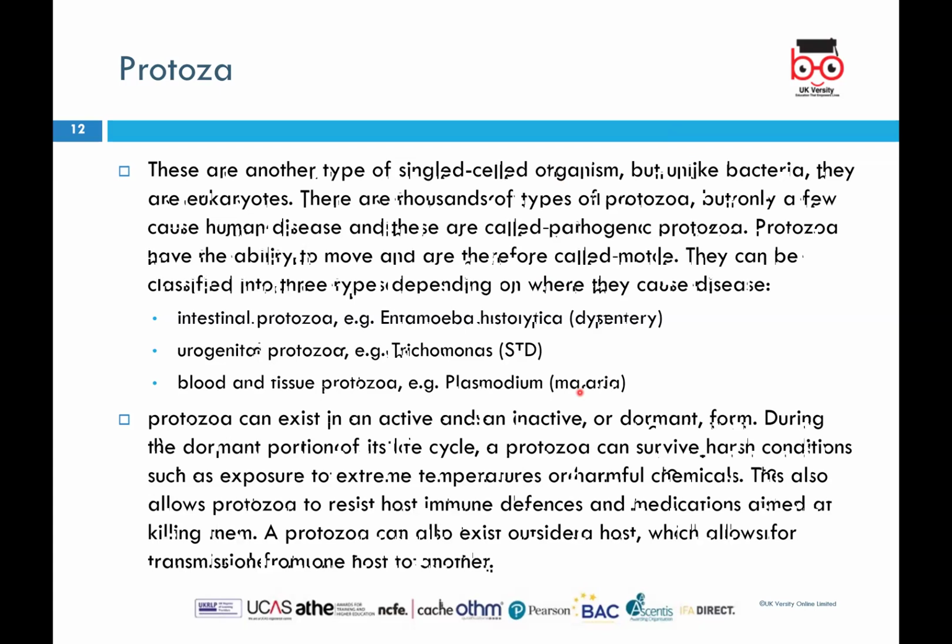So the male wouldn't cause malaria. It's the female Anopheles mosquito that will suck that infected blood, with that Plasmodium in it, and transfer that infectious Plasmodium to another person who might not have the infection, who might not have malaria. So this is how malaria is transmitted.